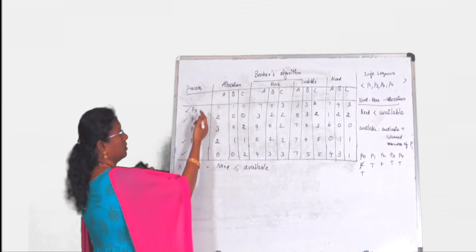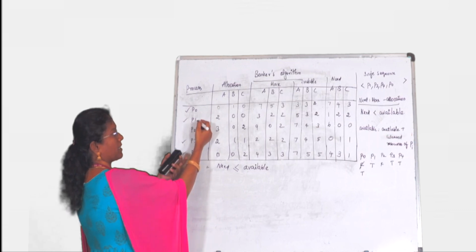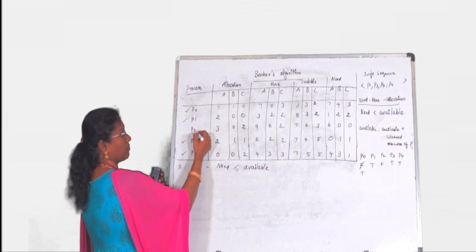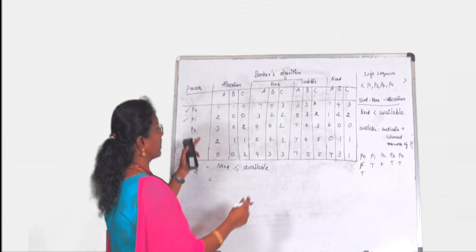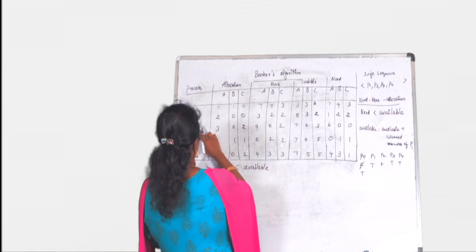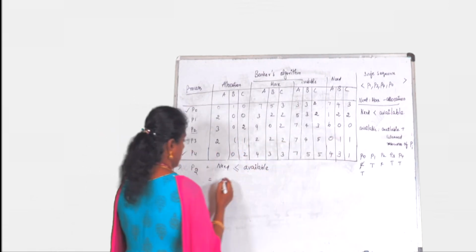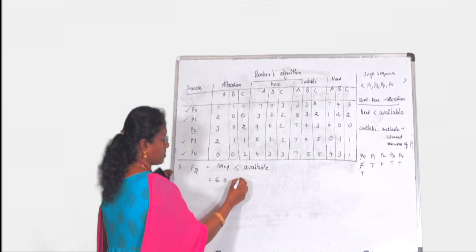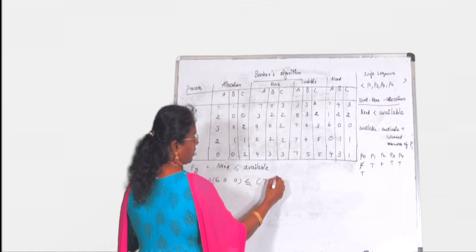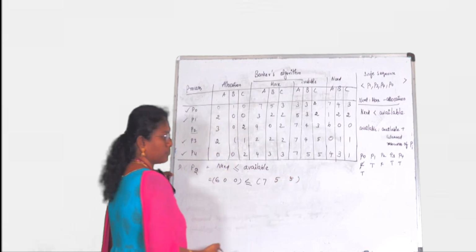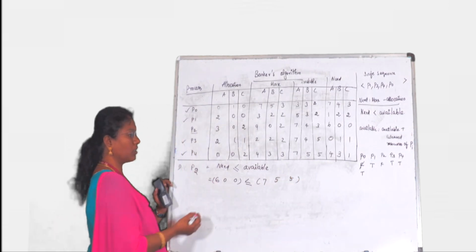Now it will check P1. P1 has been executed. Next it will go to check for P2. Now you go for P2. You see the needed resources of P2 is 6, 0, 0. What is the availability of resources? 7, 5, 5. Okay, now you check.